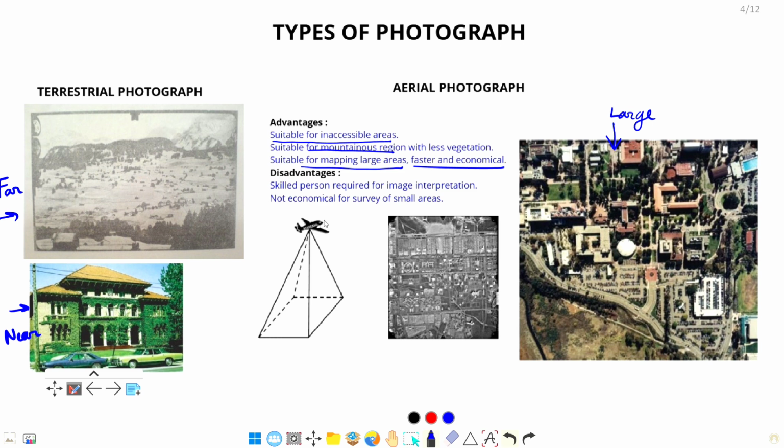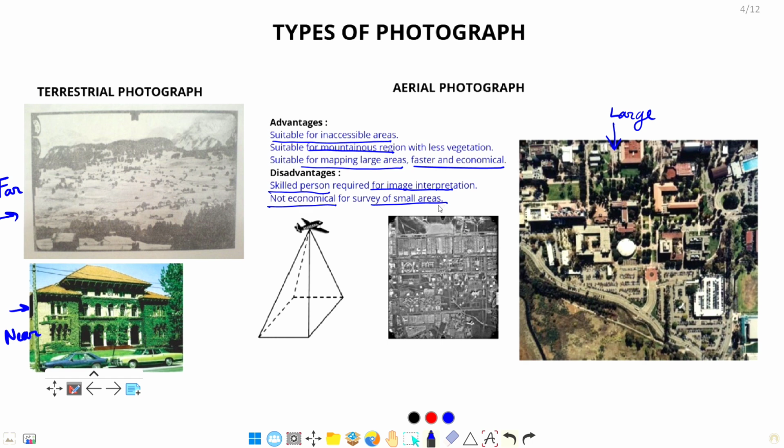But there come some limitations also. There are some limitations of aerial photography: you need a skilled person for image interpretation, also for flying and several activities involved in aerial photography. Also, aerial photography is not economical when it comes to small areas.